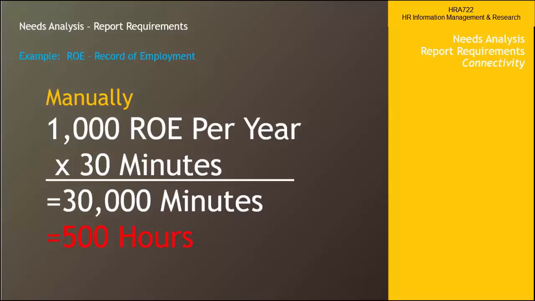Okay, very simple numbers. Let's say your company does a government report called a record of employment. And it's federal, pan-Canadian. It's the Employment Insurance Act that requires it. So every time an employee leaves your organization, whether they're on contract or they got let go or whatever it might be, even if they retired, you have to legally fill out a record of employment.